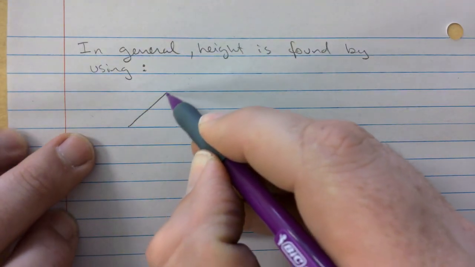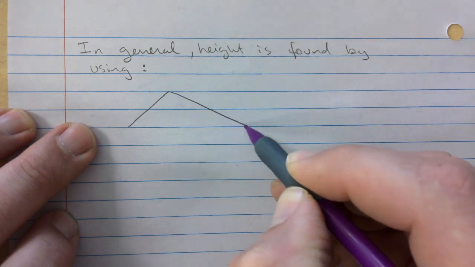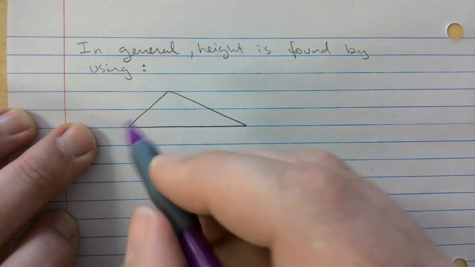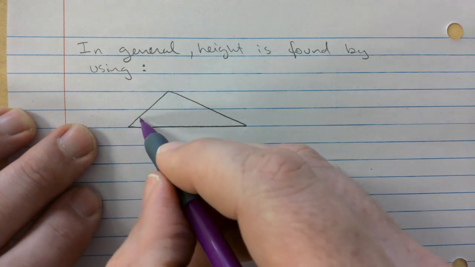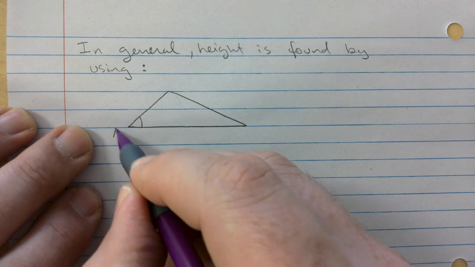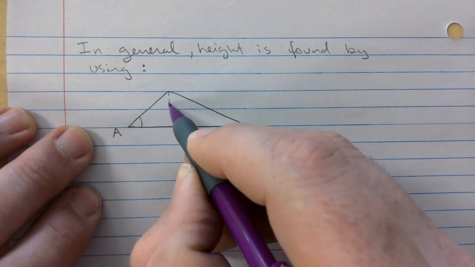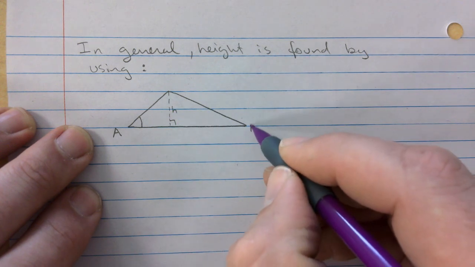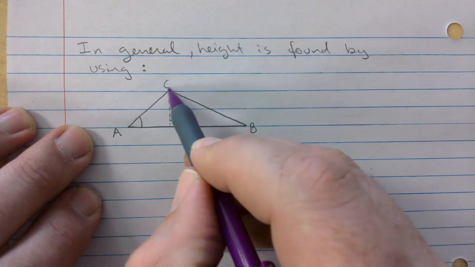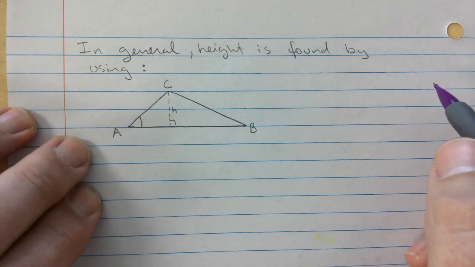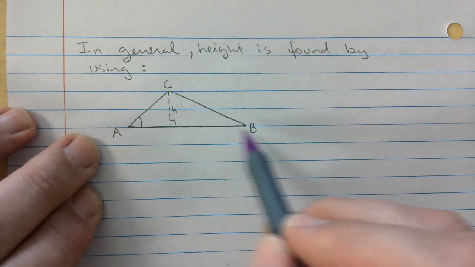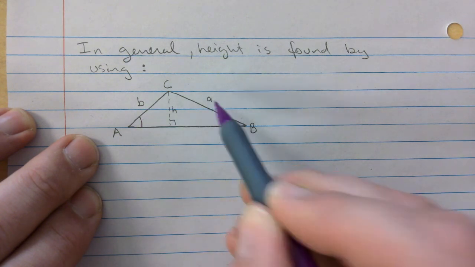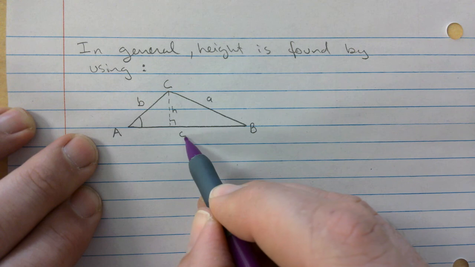So again, let's try to copy this triangle. We'll go A, have the height in the middle here, B, C, like that, A, B, C. That would make this B. It would make this A, and it will make this C.